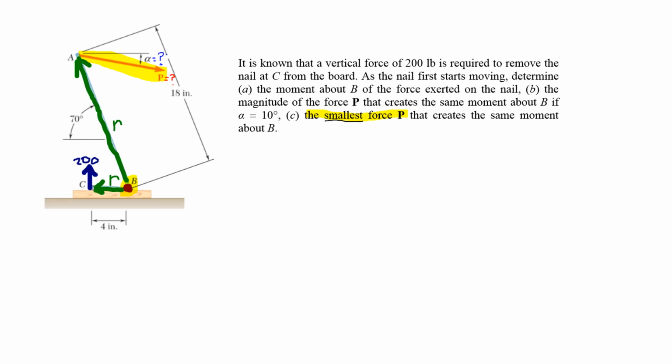Part C. Let's find the smallest force to create that 4 times 200 moment around B. What's the angle here that's going to create the smallest force? Rather than going through analytic and numerical solutions, just look at the geometry, use your intuition, and remember that 90-degree trick.